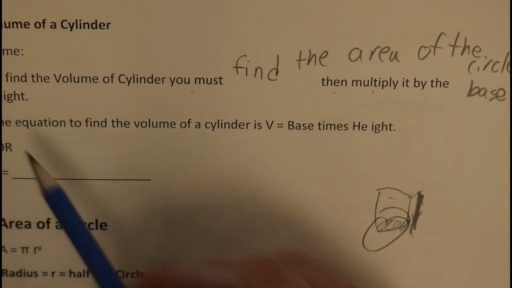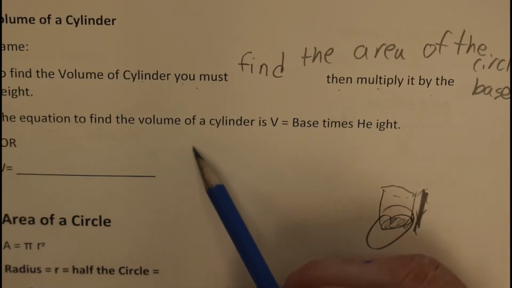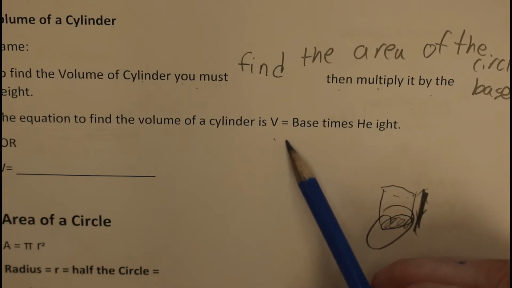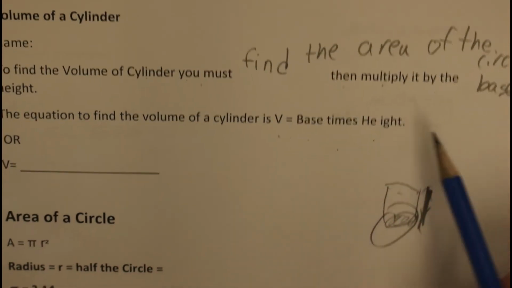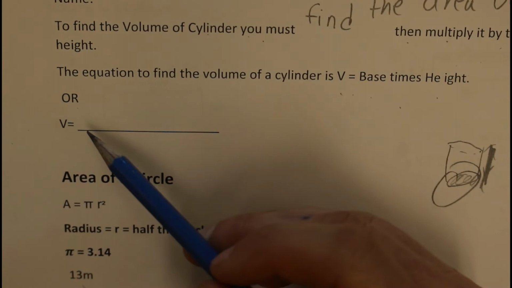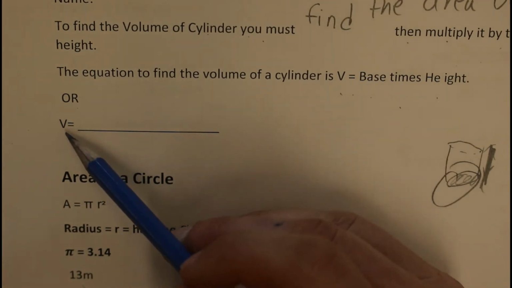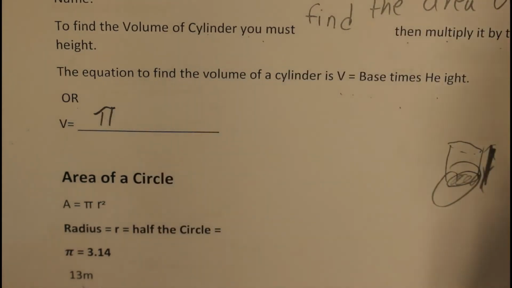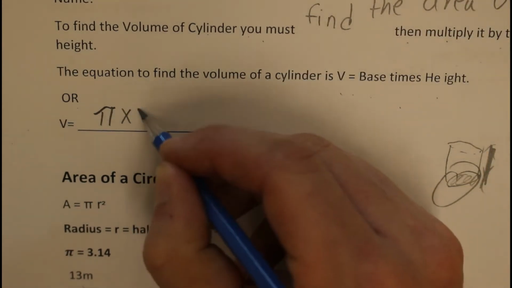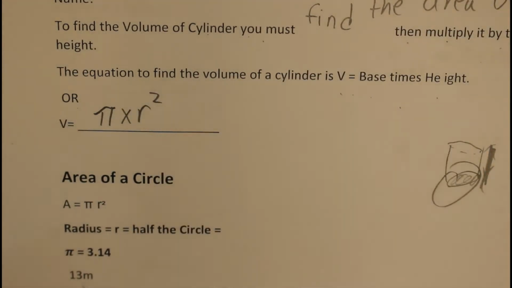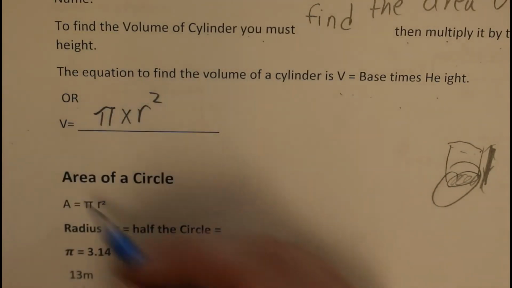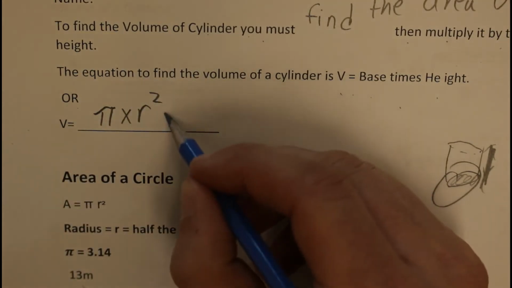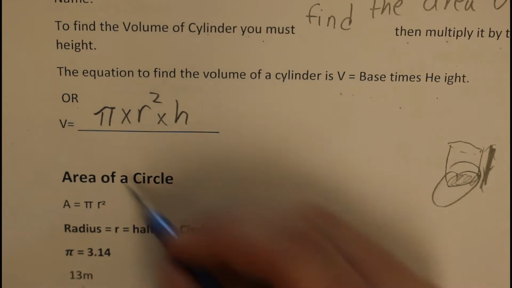All right, so the equation to find the volume of a cylinder is volume equals base times height. But the more important one is pi, remember 3.14, times radius squared. That gives you the area of the circle, times the height.